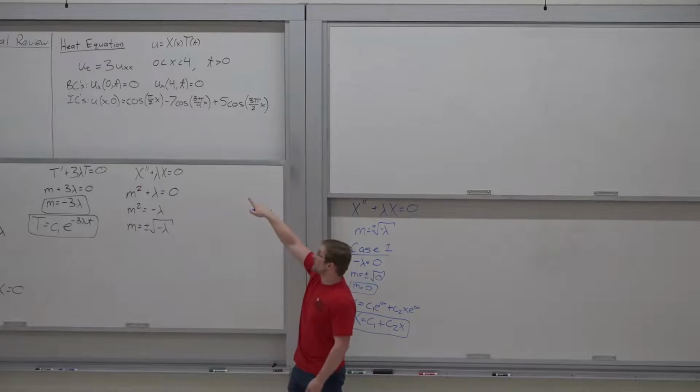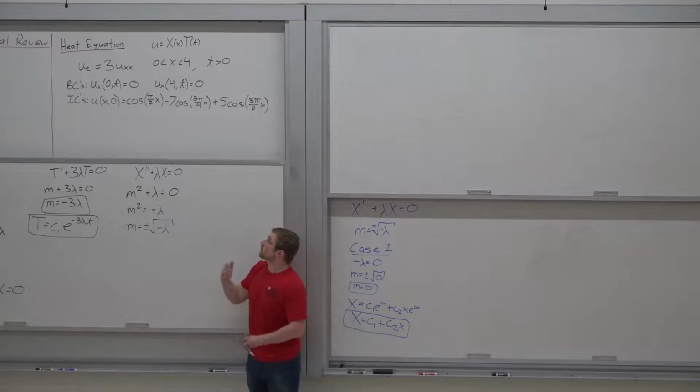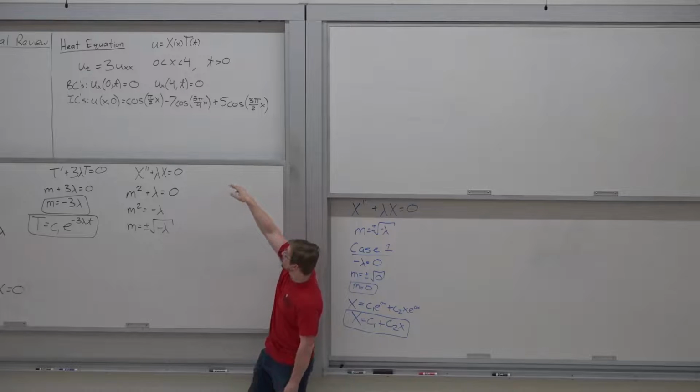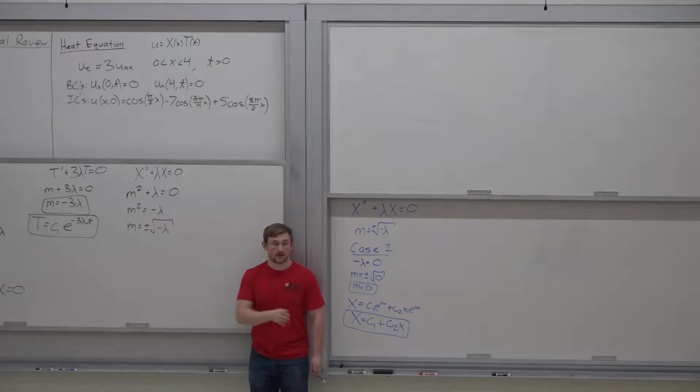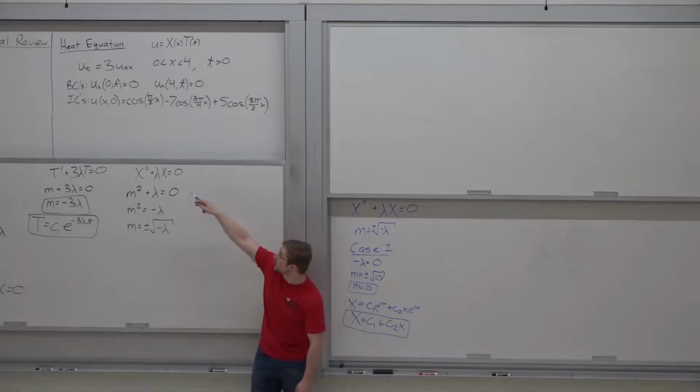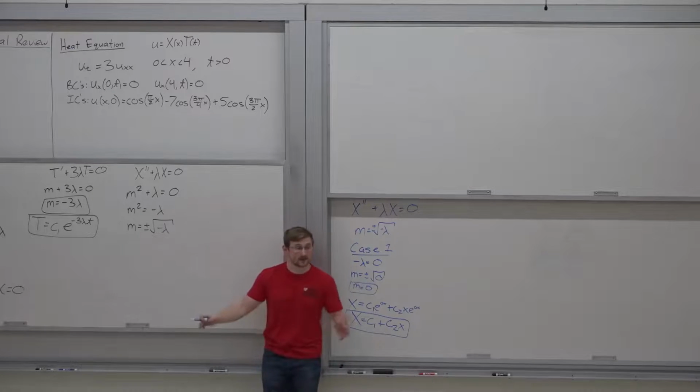And we see that those boundary conditions say u sub x evaluated at 0 comma t is equal to 0, and u sub x evaluated at 4 comma t is equal to 0. So what that means is when I take my function u and take the derivative with respect to x and plug in 0 for x and leave t as its own variable, then I know it's going to be equal to 0.